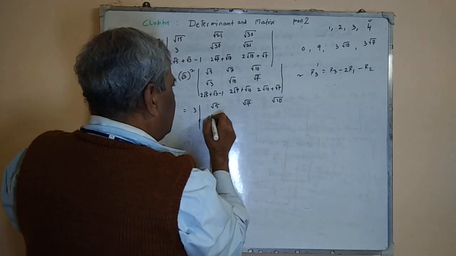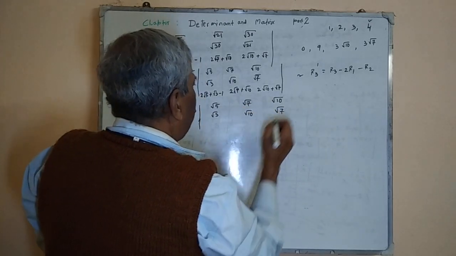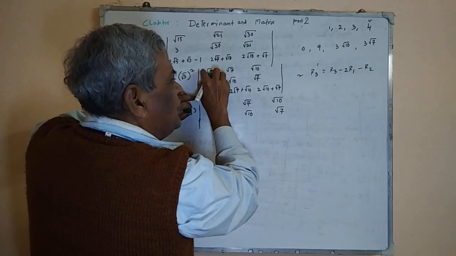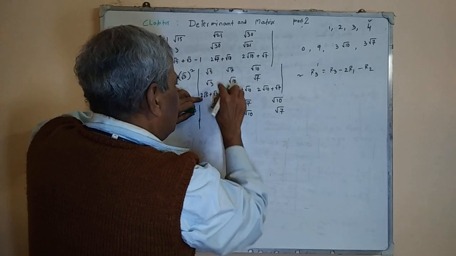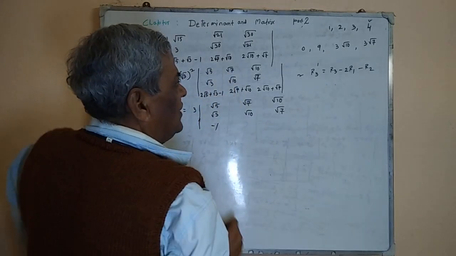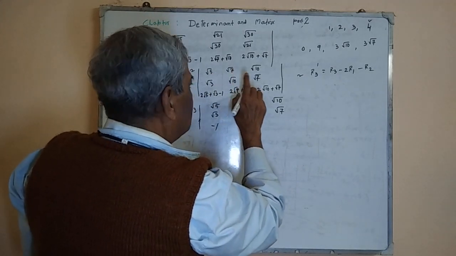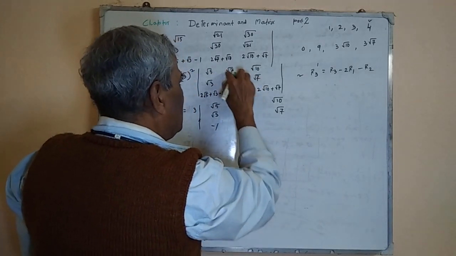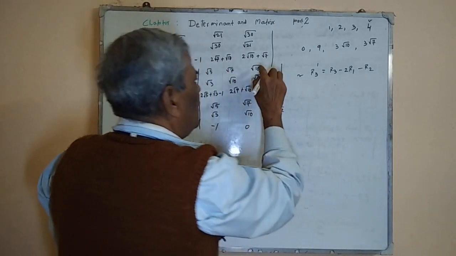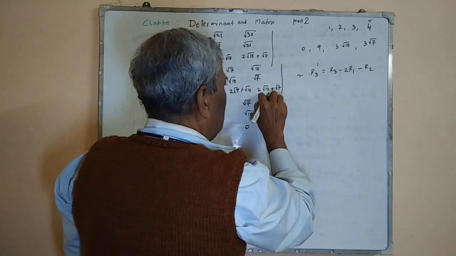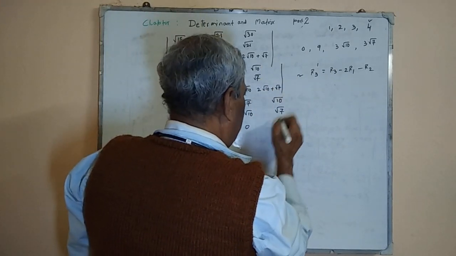Second row also intact, root 3, root 10, root 7, and multiply this by this minus 2 times that. So this vanishes, this also vanishes, minus 1. Here 2 times this vanishes, it is 0. 2 times R1, so this vanishes, 0.